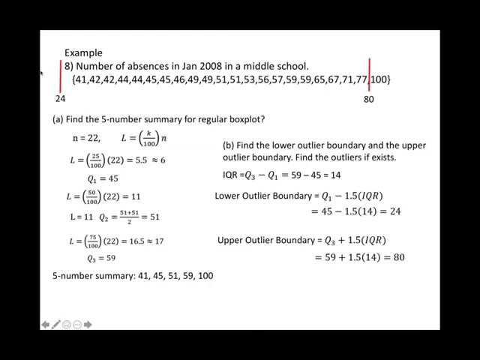Do we have any data less than 24? No, right? How about the upper one? Any data greater than 80? We do have the 100 here. So that means 100 will be your outlier. So write it down: find the outliers if they exist. The outlier is equal to 100.